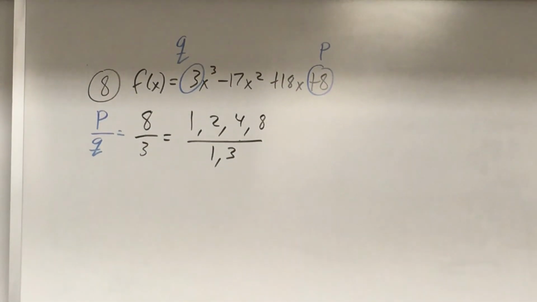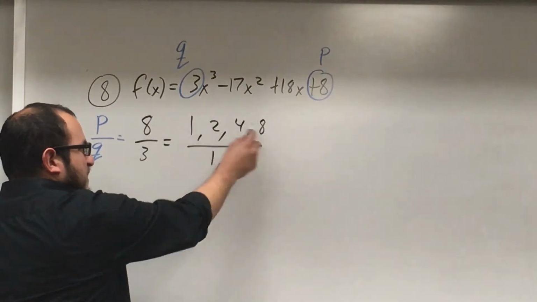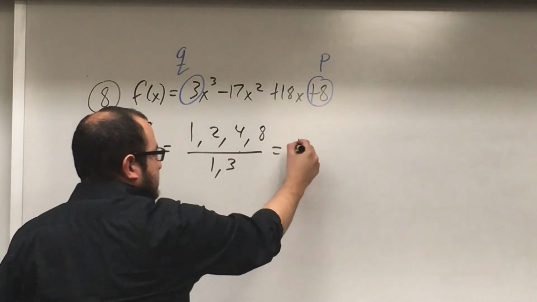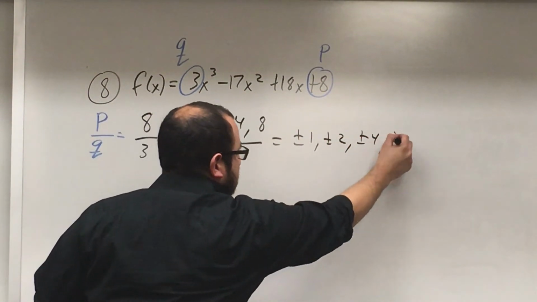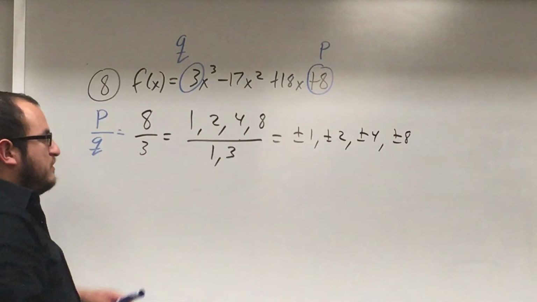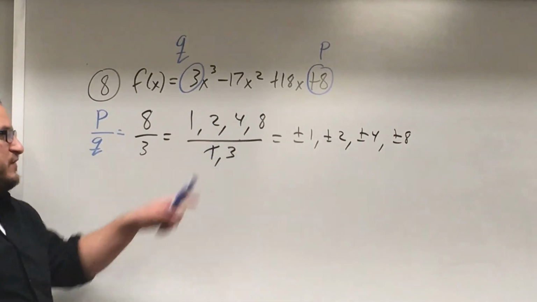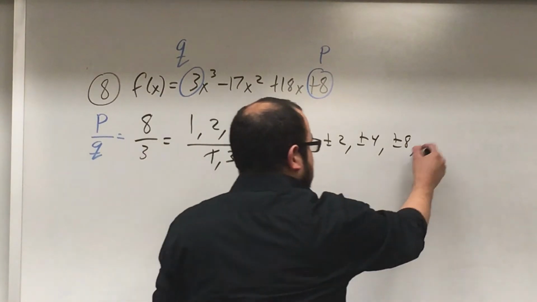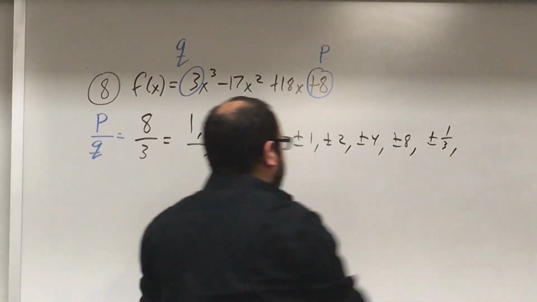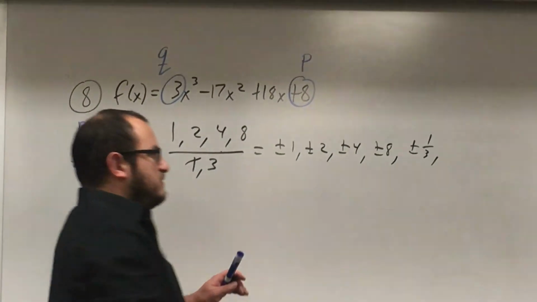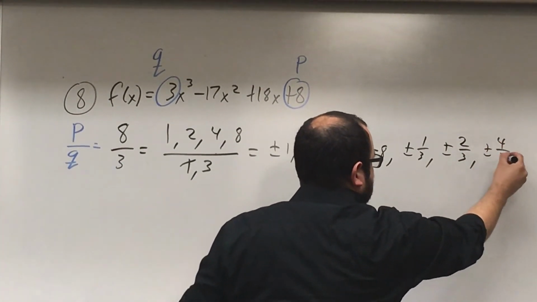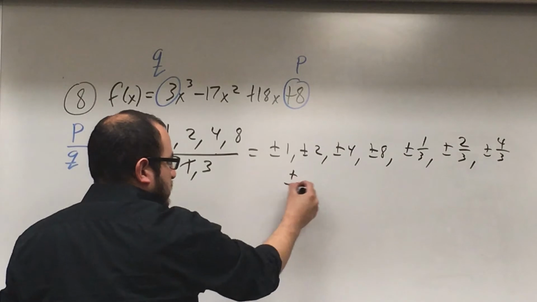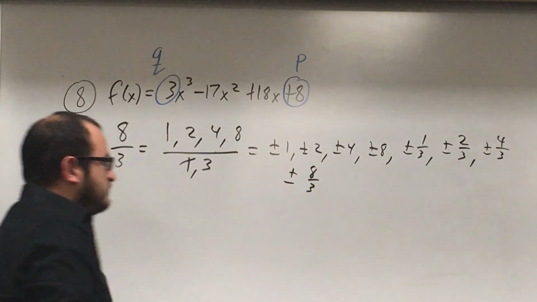Okay, so remember, you have to go ahead and divide. So 1 divided by 1 is going to be itself. So I'm going to go ahead and write the top. That covers the 1. And 1 divided by 3 is 1/3. 2 divided by 3 is 2/3. Then 4/3, and the last one is 8 over 3.